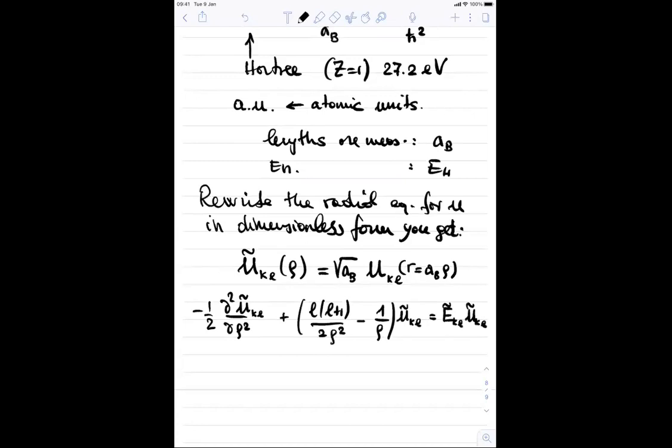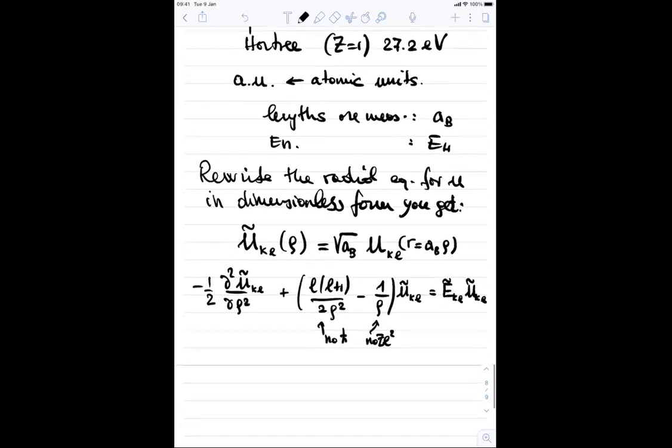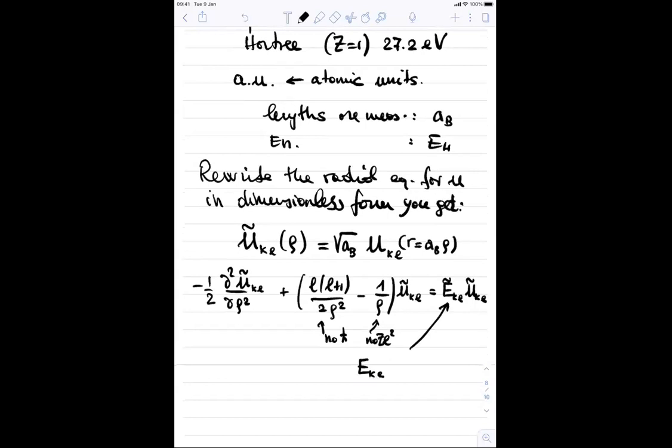Now, notice here, no h bar, no mass, no e, no Z e square. Very nice simplification. Notice also this object: E tilde is equal to the energy in units of Hartree, which means divided by the Hartree. This is the final equation we should in principle solve. Clear so far?